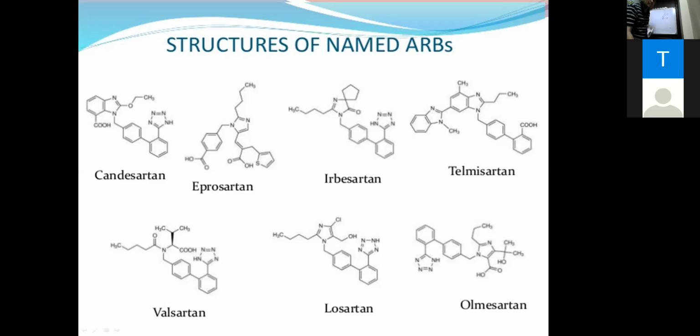So these are the different groups which are present.